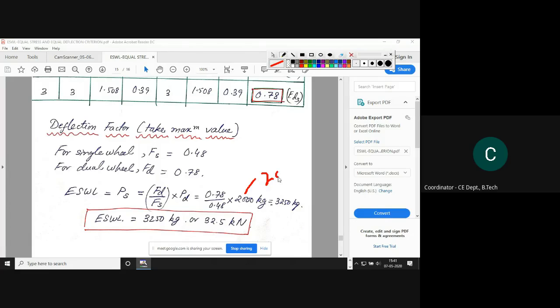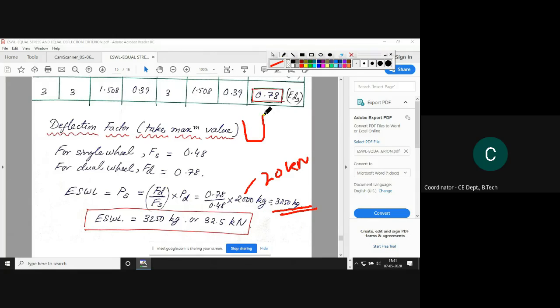If it is in kilonewton, your ESWL will also be in kilonewton. If you convert and put it in kg, it will be in kg only. The unit of ESWL will be the unit of Pd only, because these two factors are unitless. So we are getting the answer to be 3250 kg equivalent single wheel load for that 40 kilonewton or 20 kilonewton of dual wheel combination.